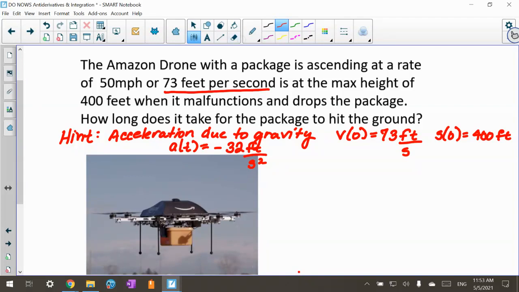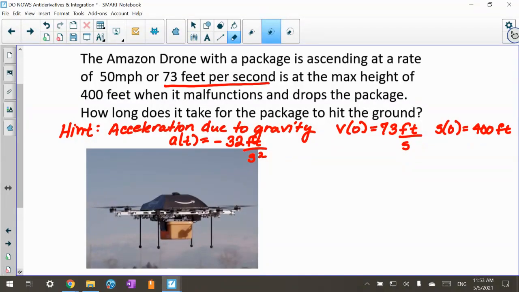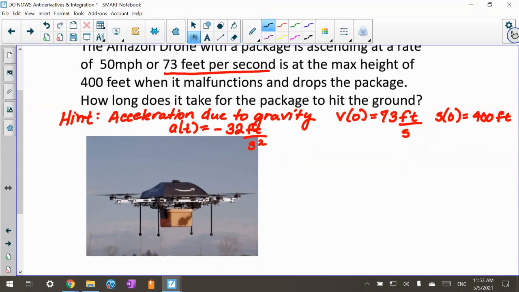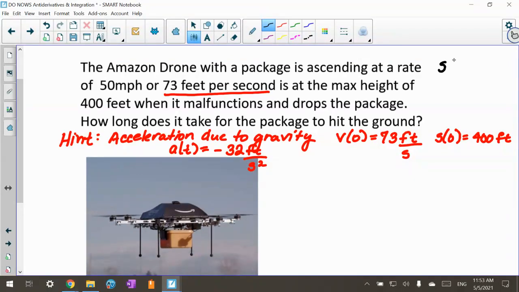All right, so we basically want to know how long it takes for this package to hit the ground. We're going to start out with knowing this acceleration due to gravity, and acceleration is our second derivative. You also have to remember that you have your position function, which is in feet.